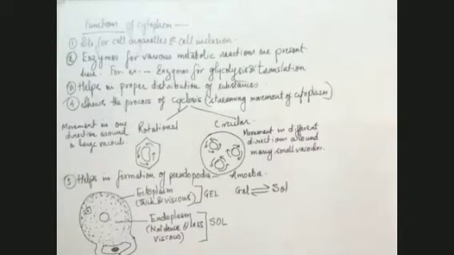When it is sol, it flows freely. When it is gel, it is not able to flow freely. So when pseudopodia has to be formed, the gel gets converted into sol. It flows freely and forms a protrusion, which is a false foot.